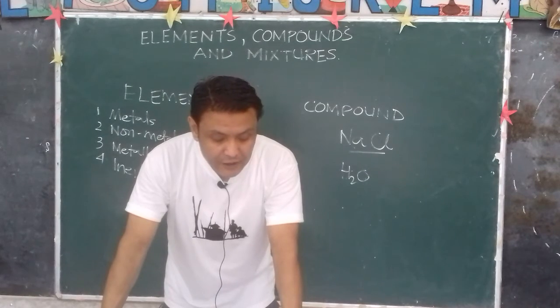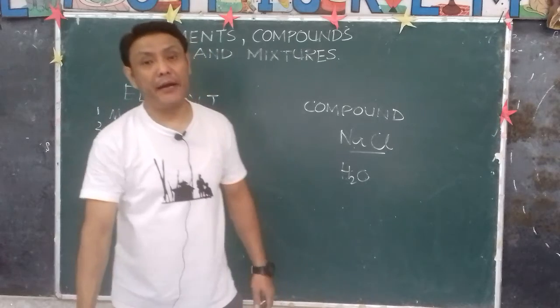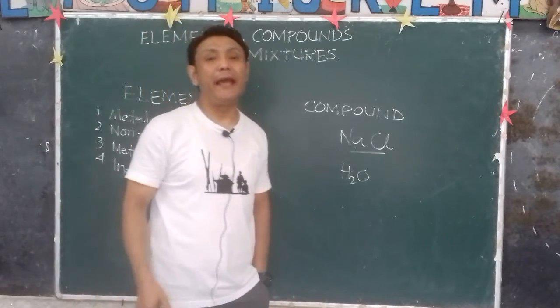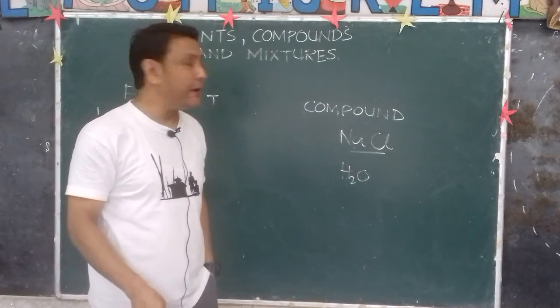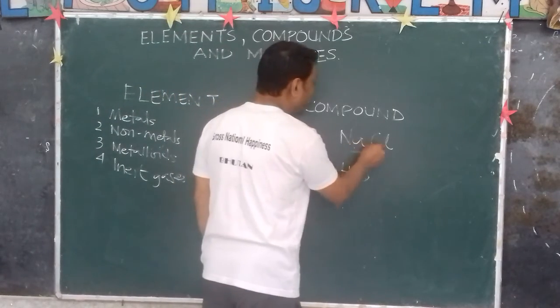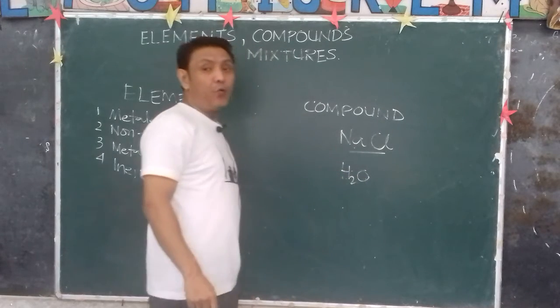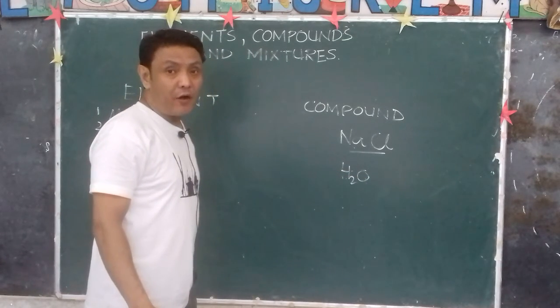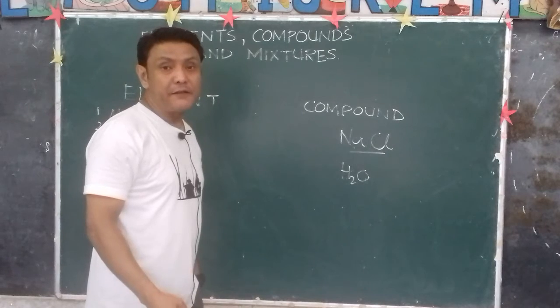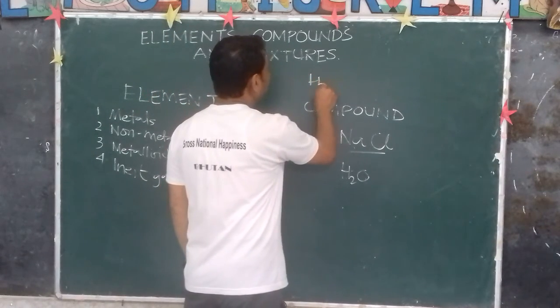And point number 5, we cannot separate the constituents of a compound by any physical means. We can do it chemically, but we cannot easily separate sodium and chlorine from sodium chloride. We cannot separate hydrogen and oxygen from water by simple physical means. Yes, we can do it chemically. That is called electrolysis.